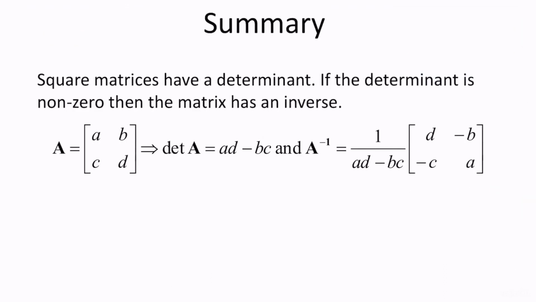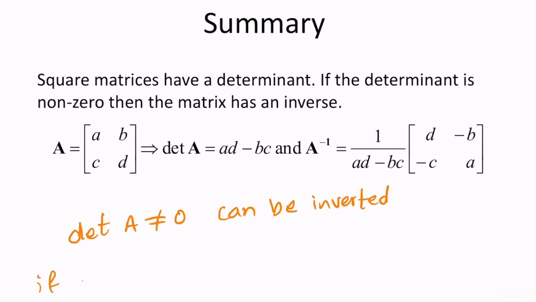Okay, so the summary: square matrices have a determinant. If the determinant of A is not equal to 0, then A can be inverted. That means we can find the inverse for it.